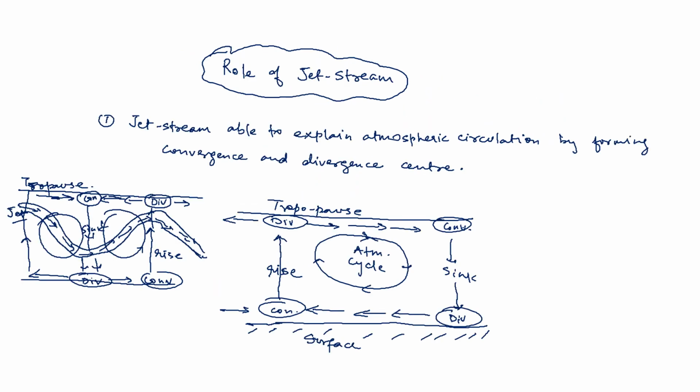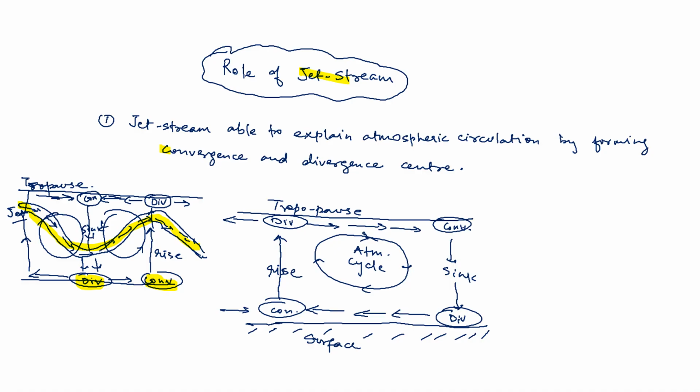So what are the other roles of jet streams? Now the jet stream can explain the atmospheric circulation system on the ground by forming convergence and divergence centers. Suppose this is a jet stream which is moving up and down because its height varies. When it is at 4 kilometers height, it is causing divergence. When it is at 10 to 14 kilometers height, it is causing convergence on the ground.